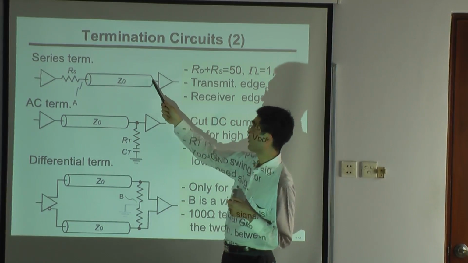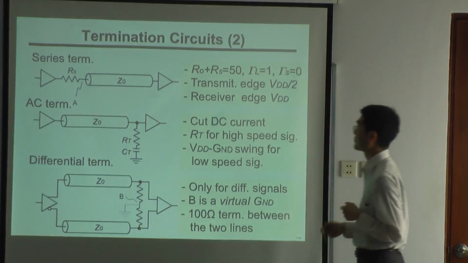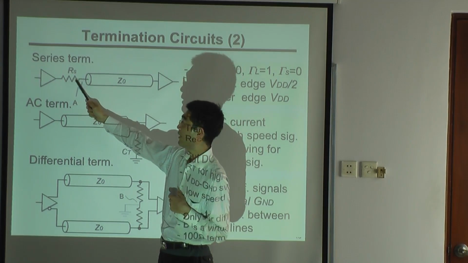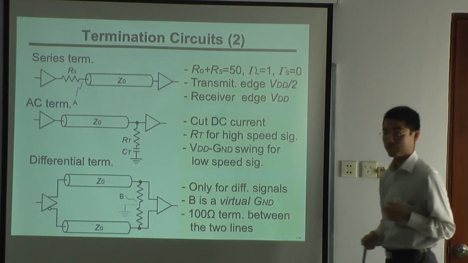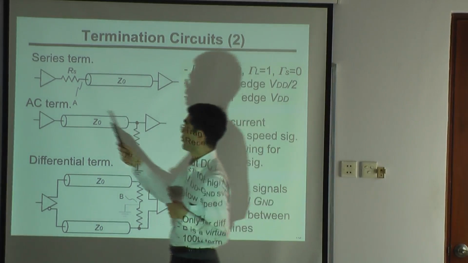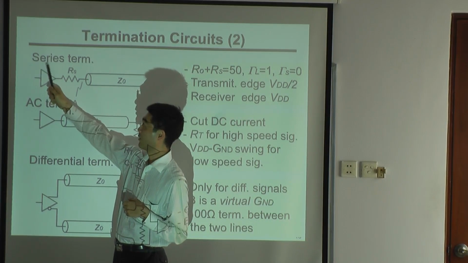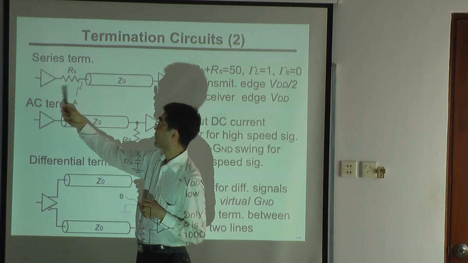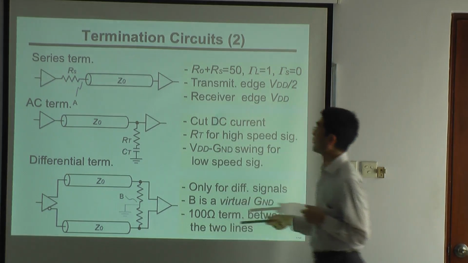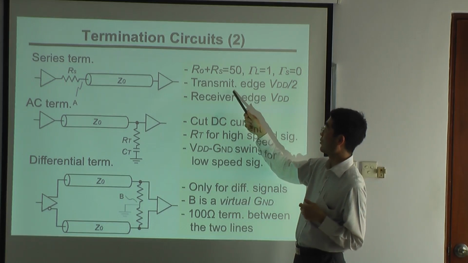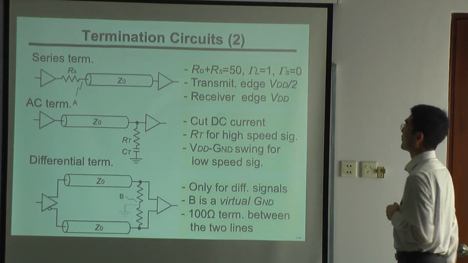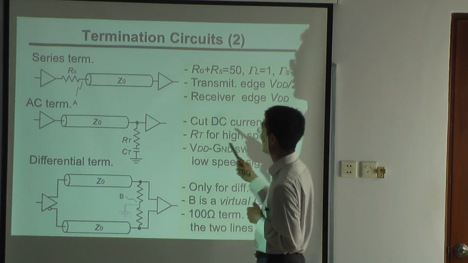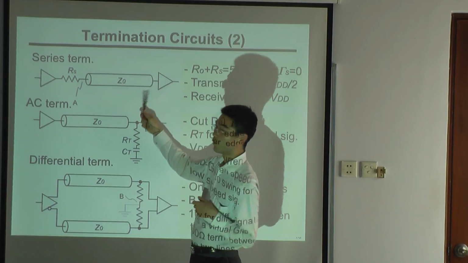Another termination is series termination here. That means there is no termination at the receiver end. In this case, the output impedance plus the RS becomes 50. When you send V1 here, it sees 50 ohm plus 50 ohm, so this has a reflectivity of 1.